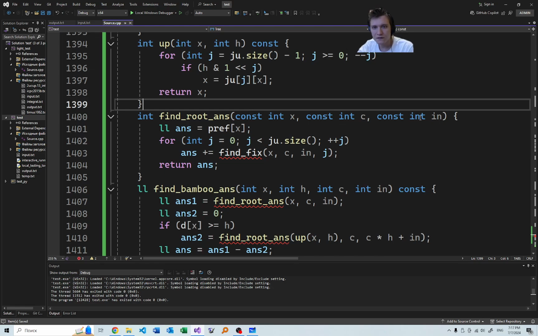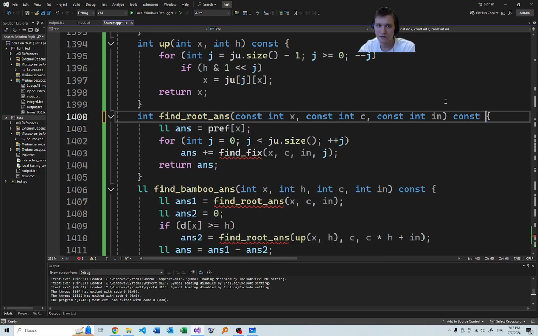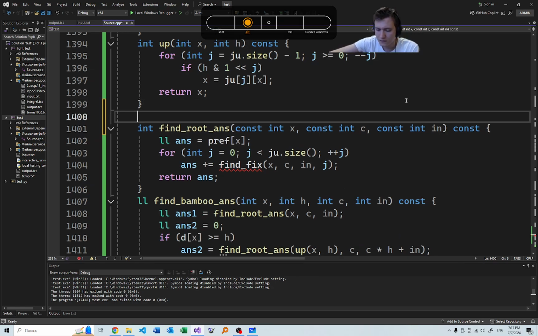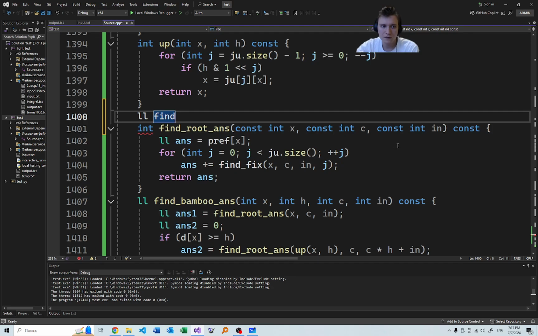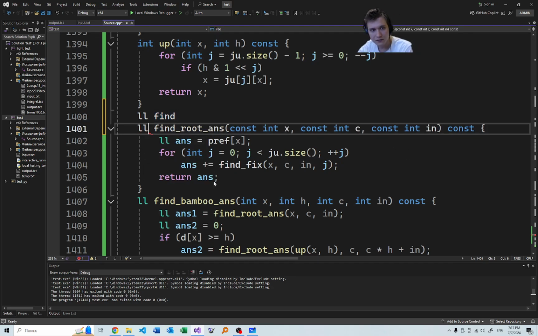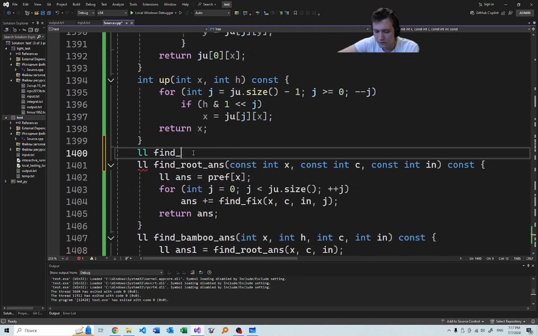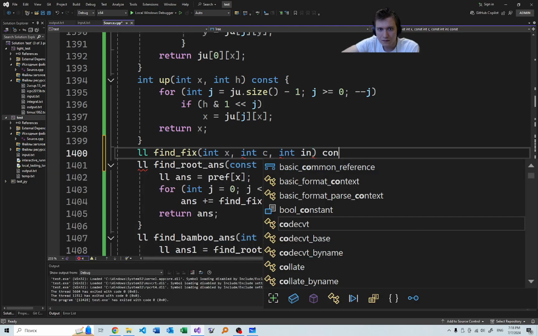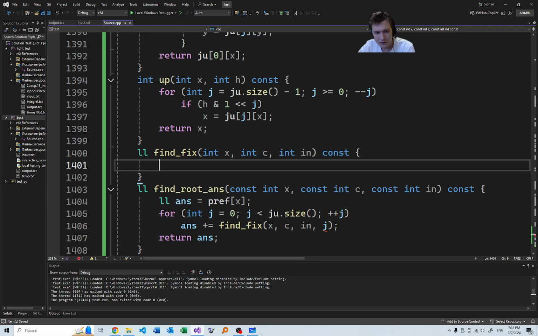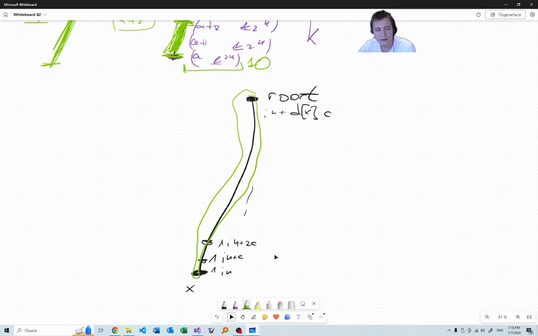Okay, now we need to find fix. Actually, here we need ll, not int. Okay, how do we find this fix?